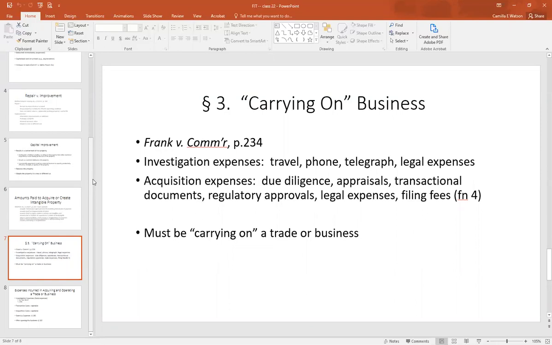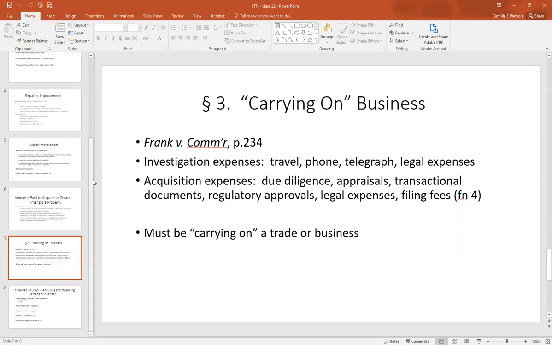They finally purchased a newspaper in Canton, Ohio, and started operating that month. They then tried to deduct these expenses on their tax return that year, and the service denied those deductions. The taxpayers then contested this denial in the tax court.